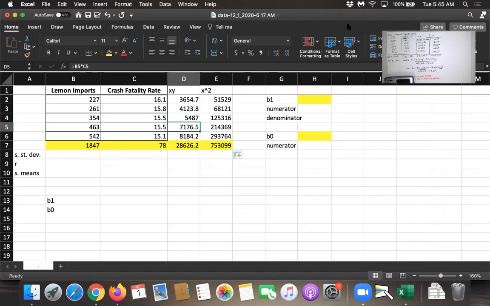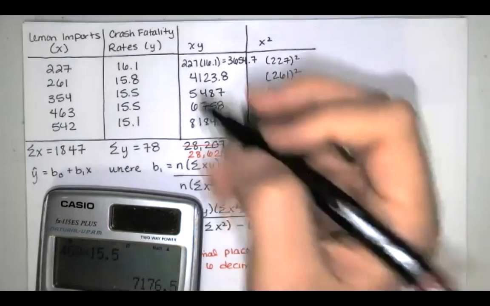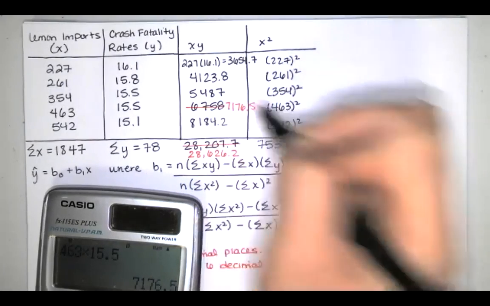Okay, so I know now just from looking at this that the sum of the x's times y's is supposed to be 28,626.2. And I know that this value right here is questionable. So let me do that again. I have 463 times 15.5. Yep, that was supposed to be 7,176.5.